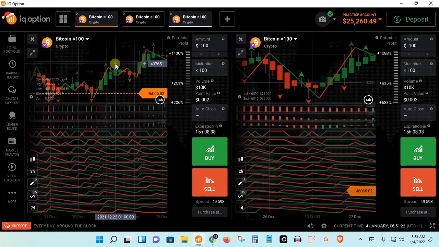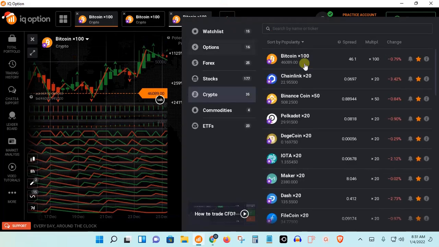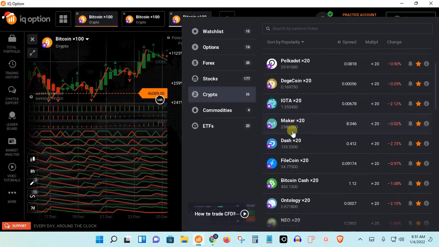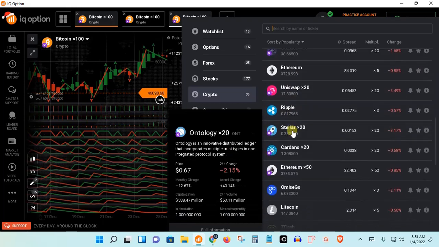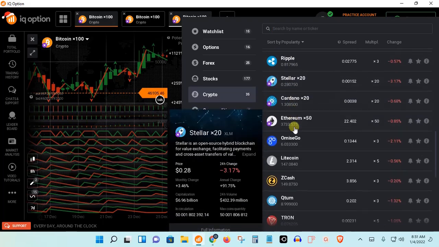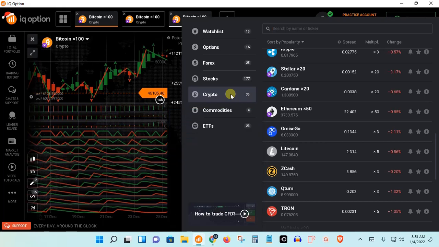Now, one thing that I forgot to talk about was this system works in every crypto. So you can apply it in every coin, the Dogecoins, the Chainlinks, Binance, Dogecoin, whatever, Maker, Ontology, Neo, Ethereum, Ripple, and everything. So you can apply it in all crypto, all the 35 coins.